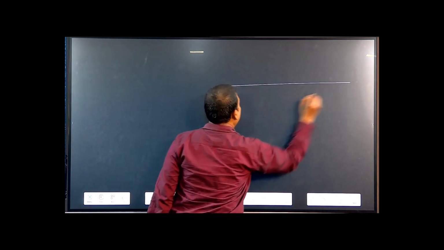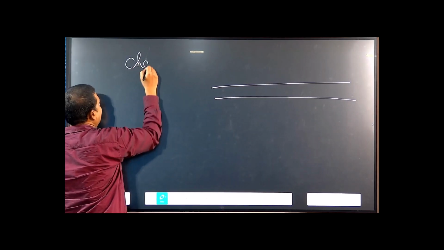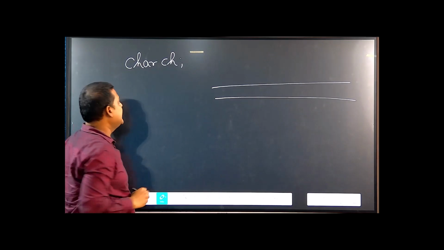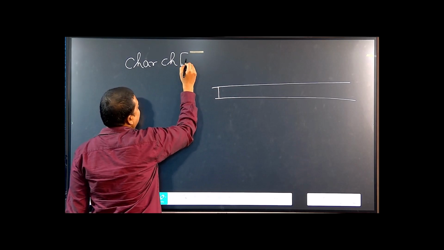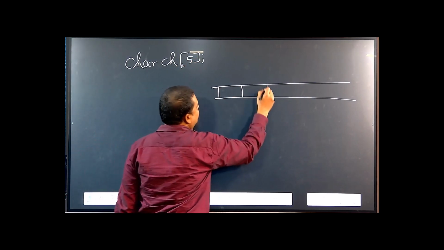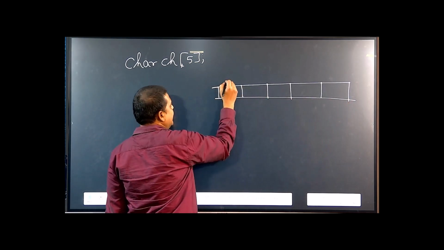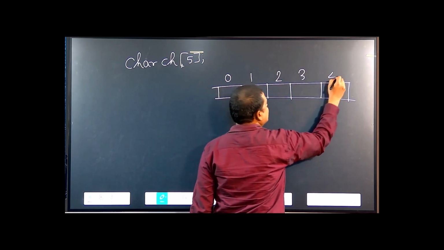I have declared a char array, ch is the name, and ch is defined as, say, 5. Then inside memory 5 different places are allocated. This is index 0, index 1, index 2, index 3 and index 4.